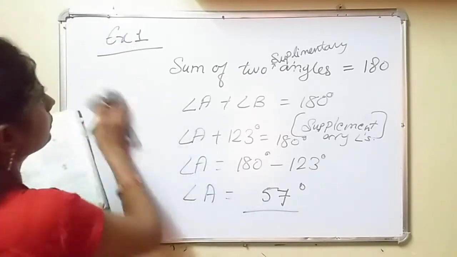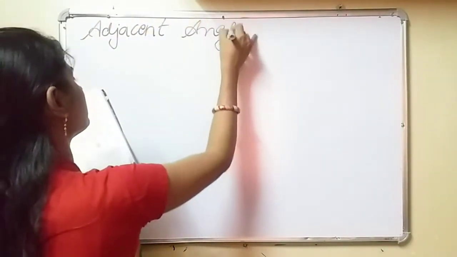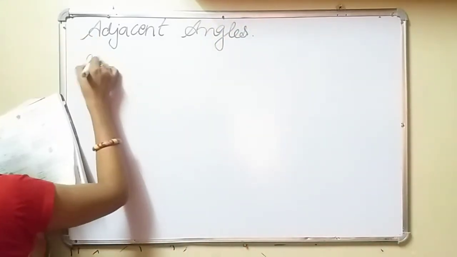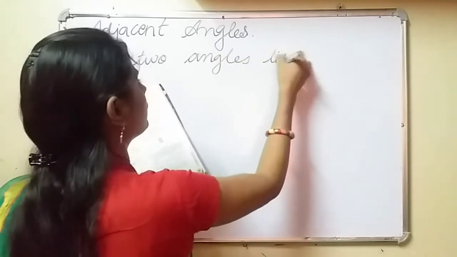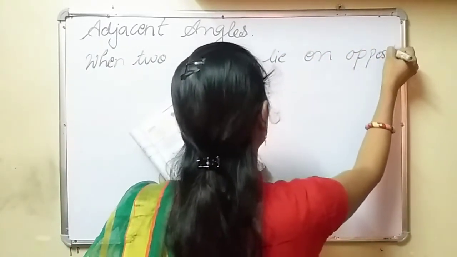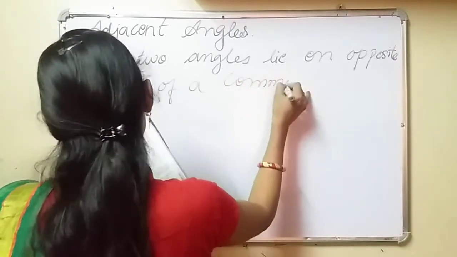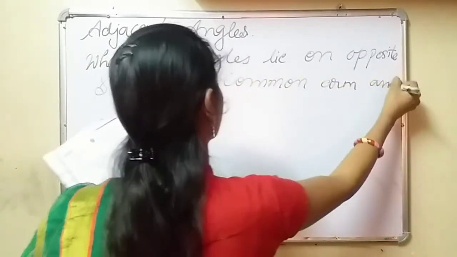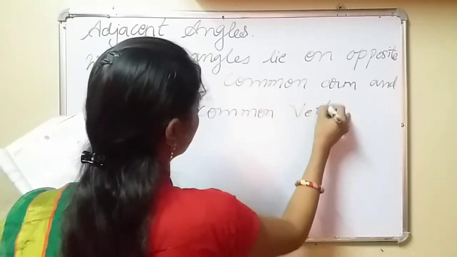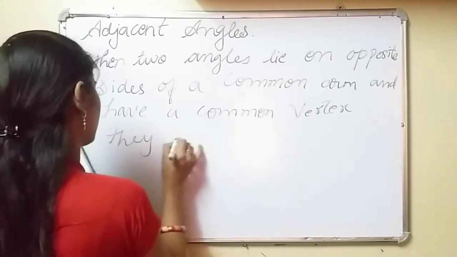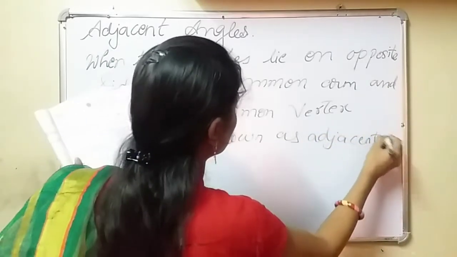Now see adjacent angles. When two angles lie on opposite sides of a common arm and have a common vertex, they are known as adjacent angles.